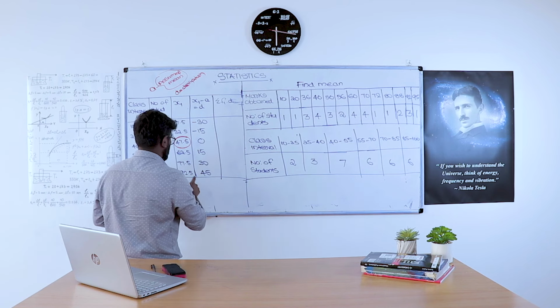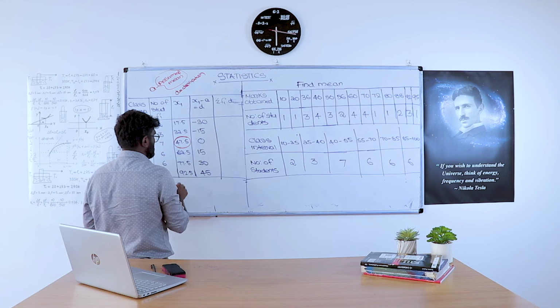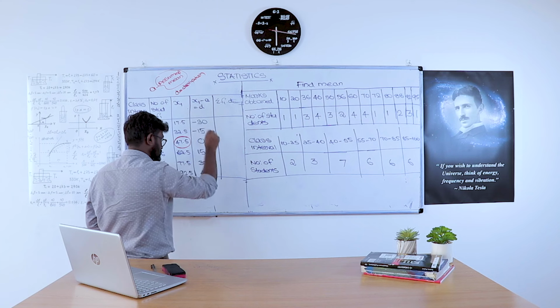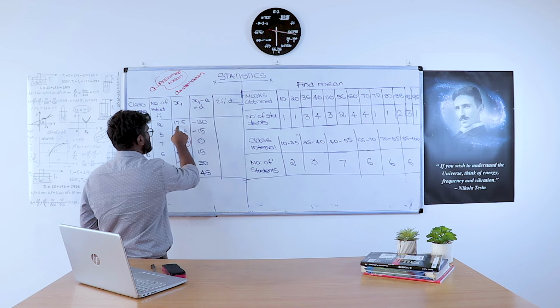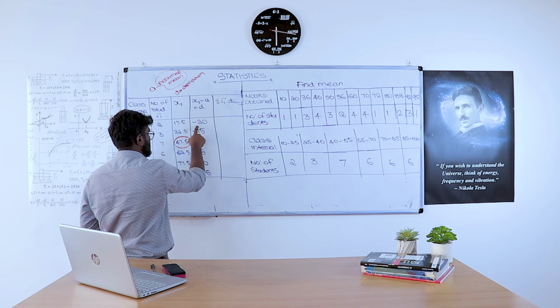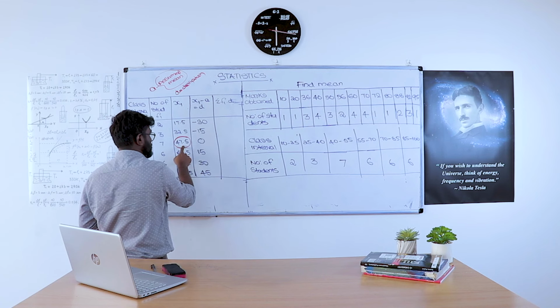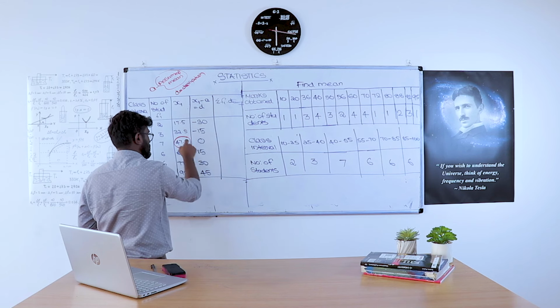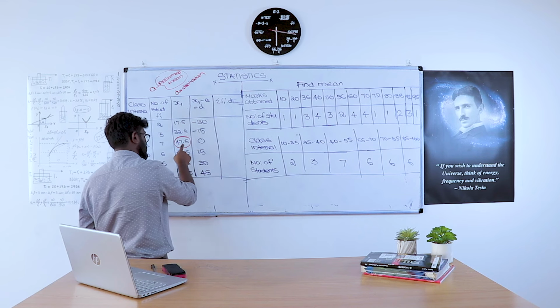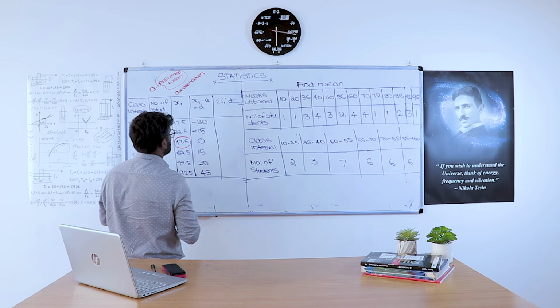Check it: 17.5 minus 47.5 is minus 30. 32.5 minus 47.5 is minus 15. 47.5 minus 47.5 is 0. 62.5 minus 47.5 is 15. 77.5 minus 47.5 is 30. 92.5 minus 47.5 is 45.